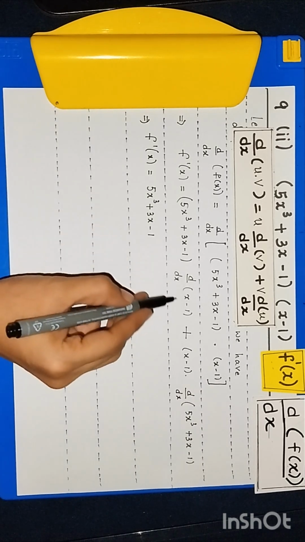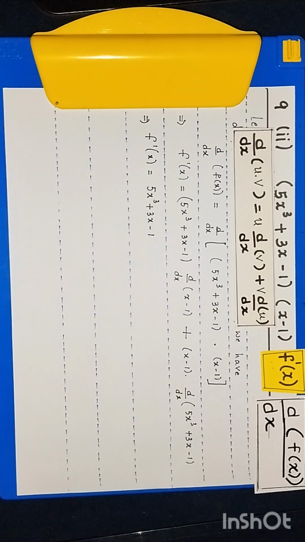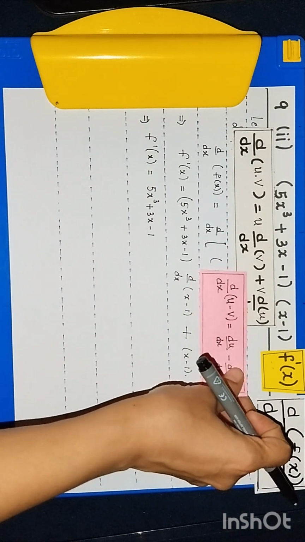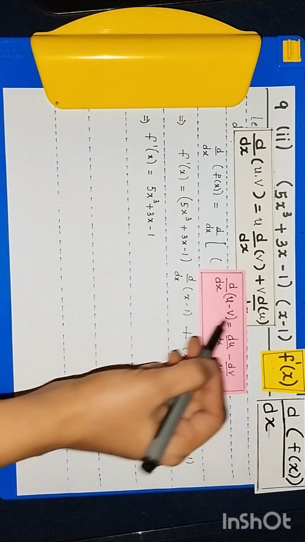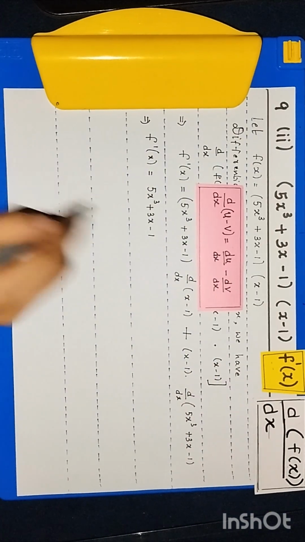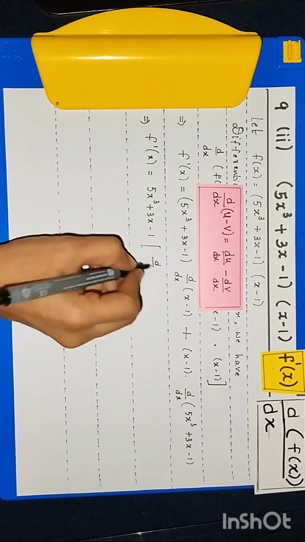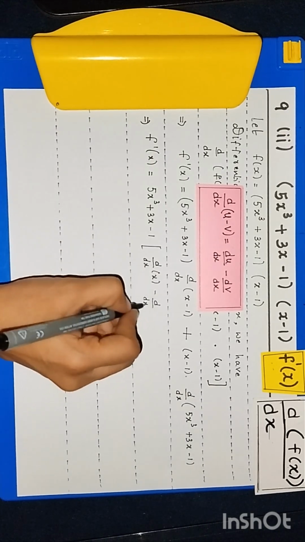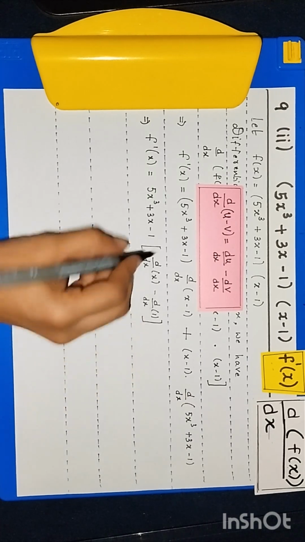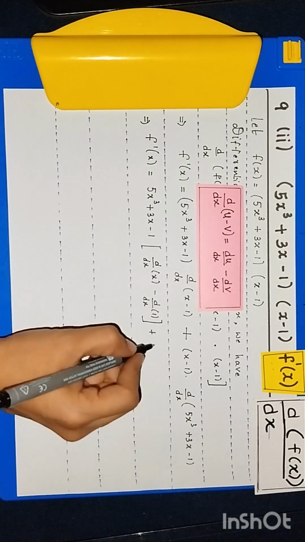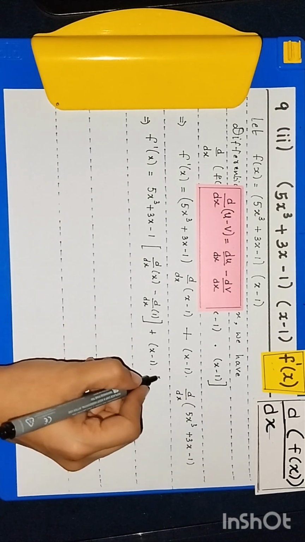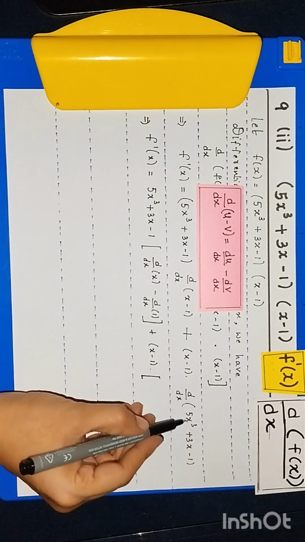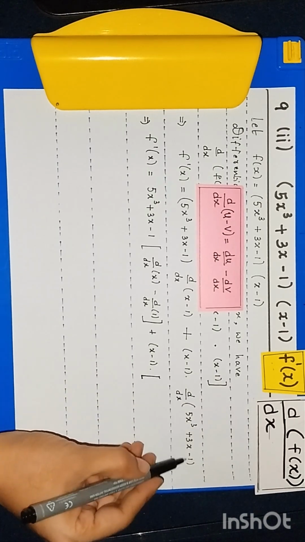Now again from the algebra of derivatives, we will apply d by dx of u minus v. That is d by dx of x minus d by dx of 1. Always remember to put brackets, plus x minus 1, now d by dx of 5x cube plus 3x minus 1.